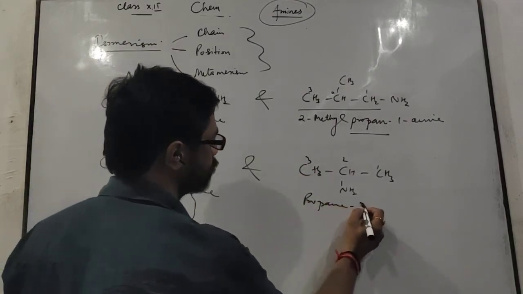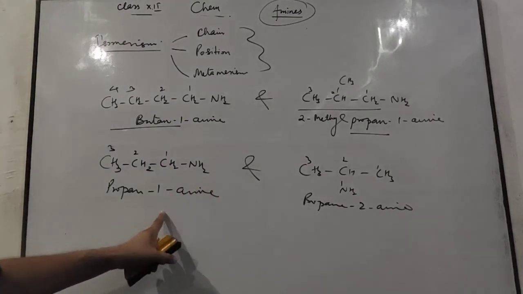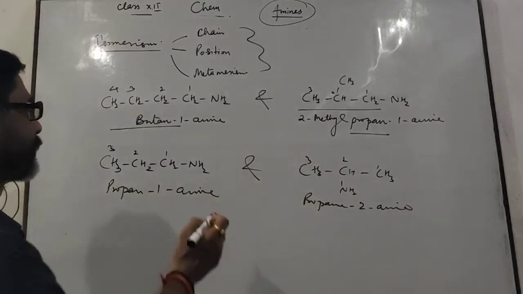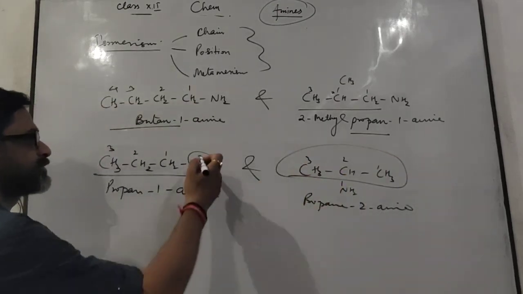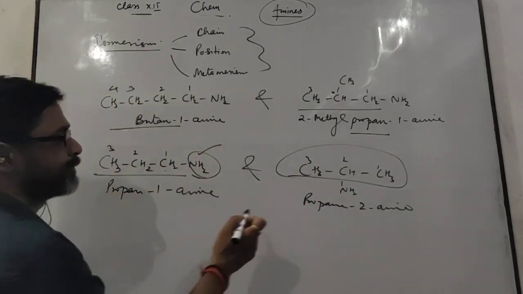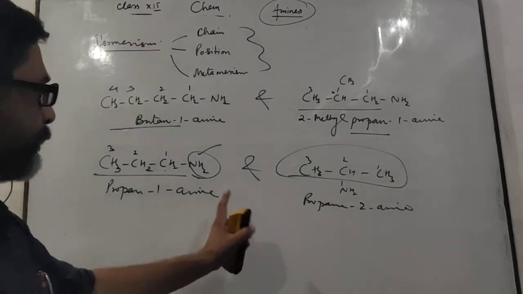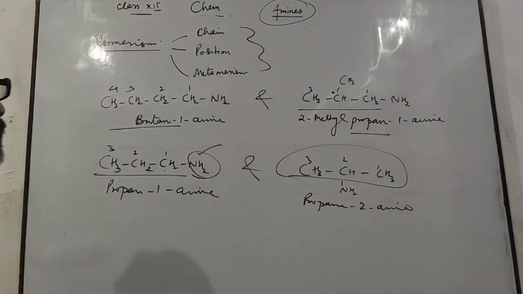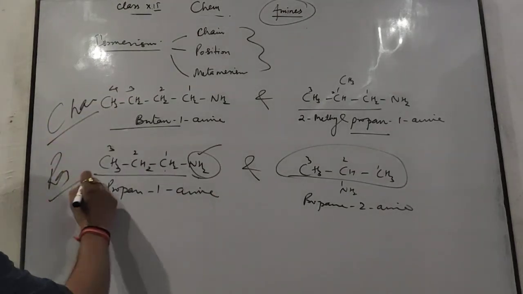Means this pair shows which type of isomerism? This pair shows position isomerism. Chain of 3 carbon atoms, and here also chain of 3 carbon atoms, but NH2 is present on first carbon, and in this figure NH2 is present on second carbon. Means this pair shows position isomerism. This pair shows chain isomerism. This one is position isomerism.